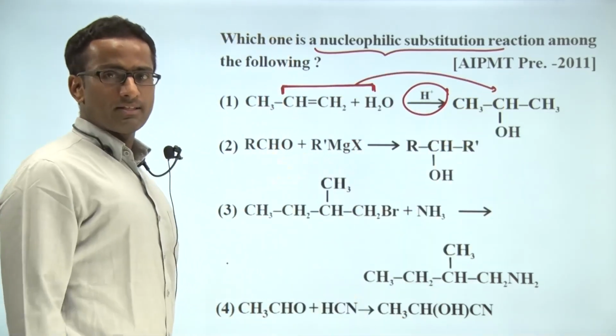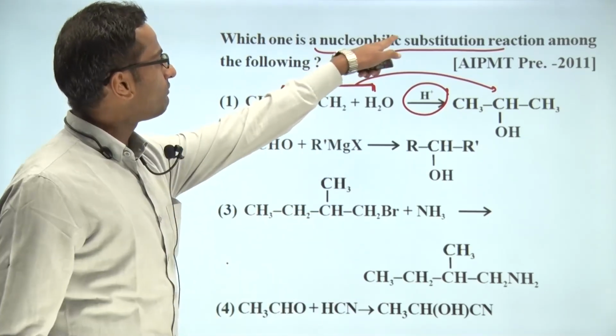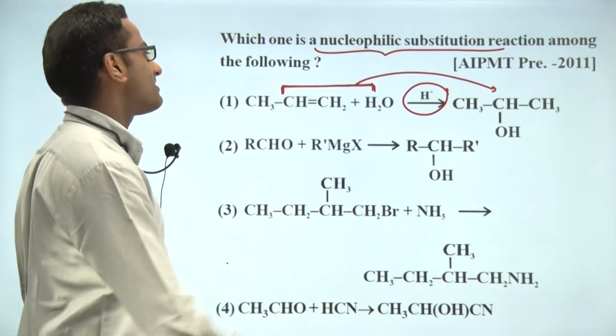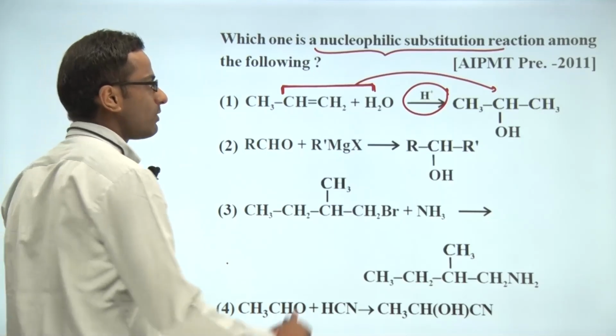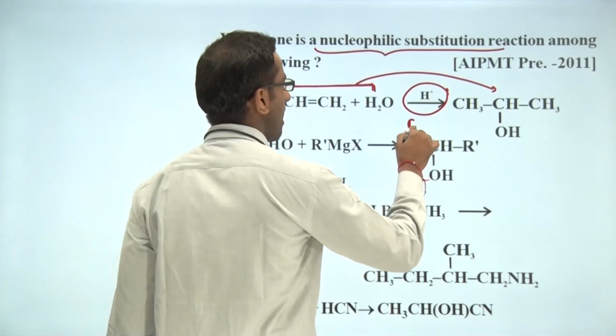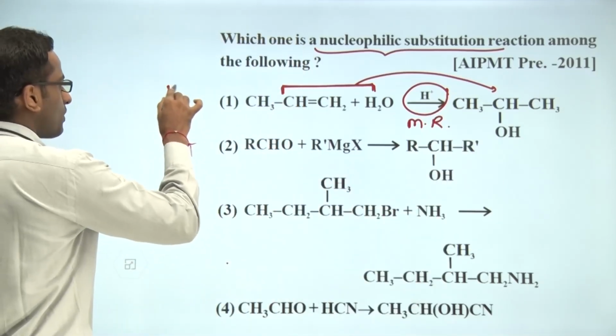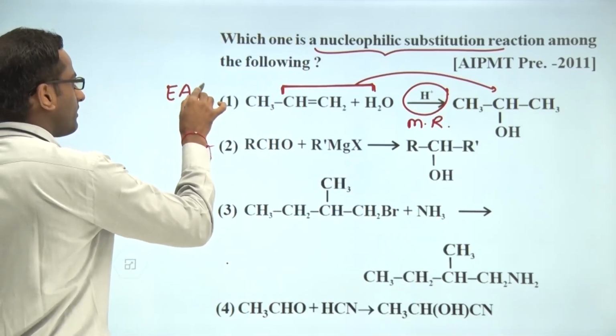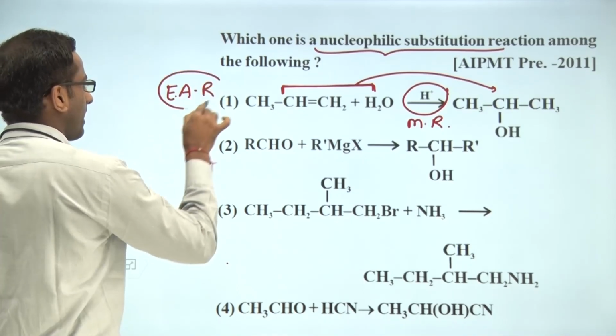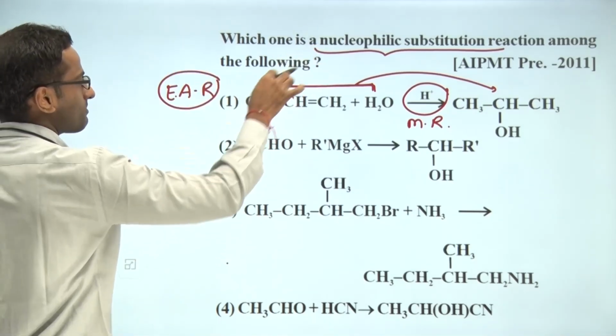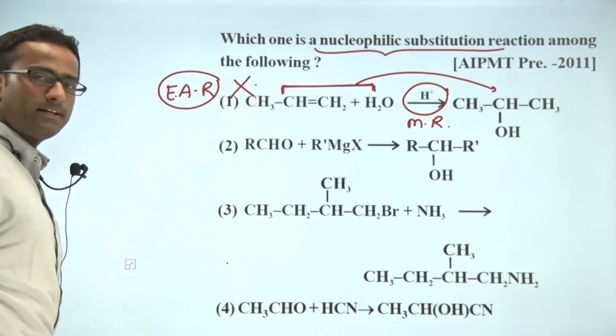This is the addition reaction. We want here the nucleophilic substitution reaction. This addition is going to happen according to Markovnikov's rule. So this is called an electrophilic addition reaction. We want substitution, which is not possible here.